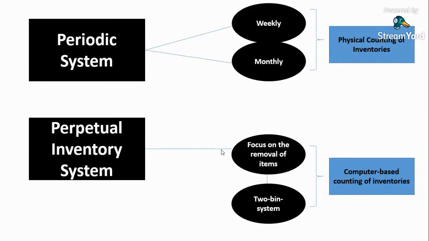So example, kapag ang isang company ay nagkakaroon siya ng delivery of raw materials weekly or monthly, gumagamit siya ng periodic system. Okay? Kapag gumamit tayo ng periodic system, always remember that the company needs to conduct a physical counting of inventories. So, iniisa-isa nilang bilangin ilan ba yung physical inventories ng kanilang produkto.